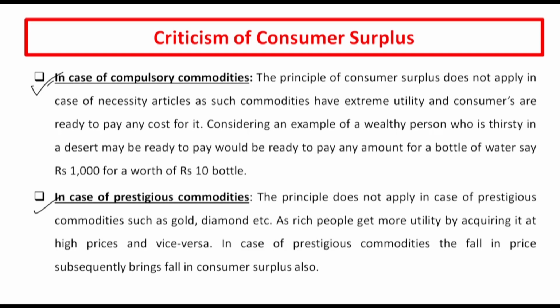So consumer surplus is not applicable in case of prestigious commodity, because generally people think they are paying less, and that is why there is a consumer surplus. But in that case they are paying more, because they want to distinguish themselves from others. So in case of the prestigious commodity, it is not applicable.